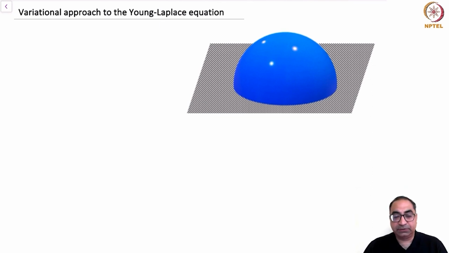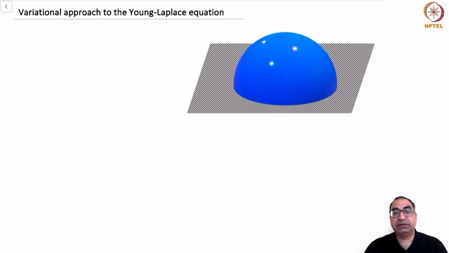So the idea is the following. We have a droplet and we want to minimize its total energy with the constraint that the volume is held fixed. Now, unlike in the previous lecture where we knew the shape of the droplet, because in the absence of gravity we have a spherical cap, and therefore we were able to do an energy minimization a lot more easily, here we will not assume any shape of the droplet.